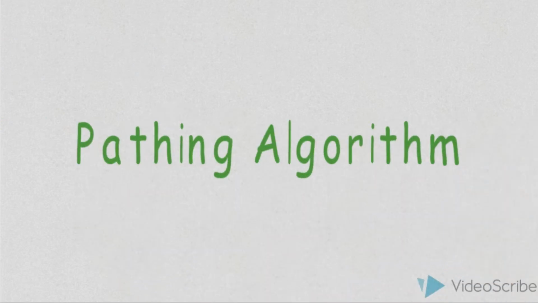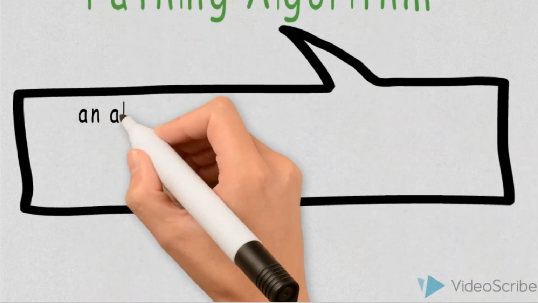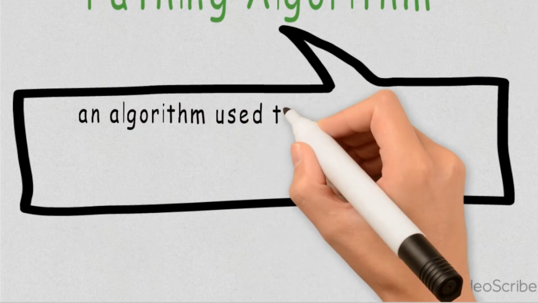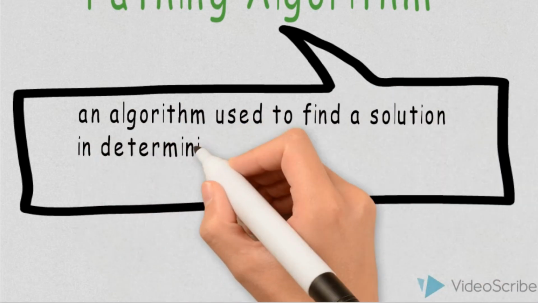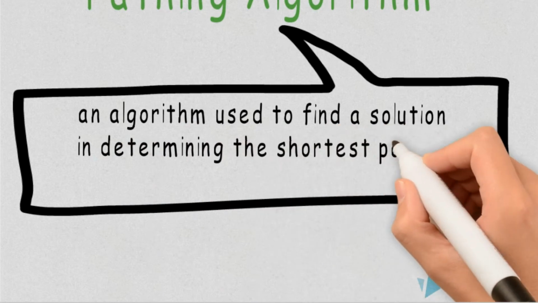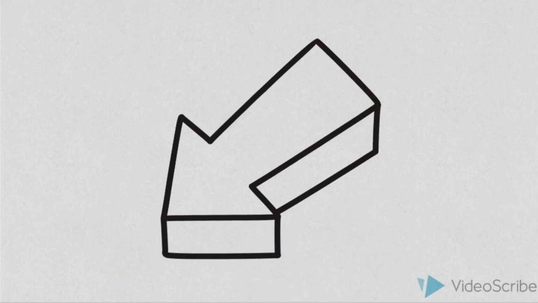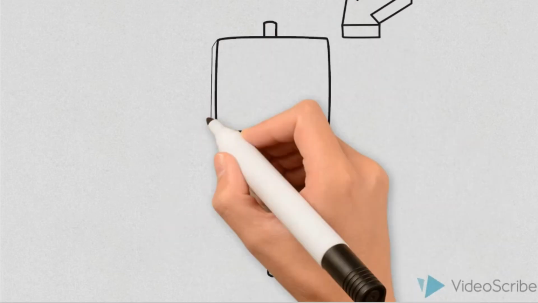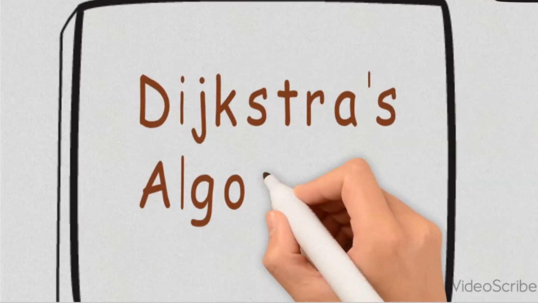Pathing algorithm. A pathing algorithm is an algorithm used to find a solution in determining the shortest path of a graph. Dijkstra algorithm.